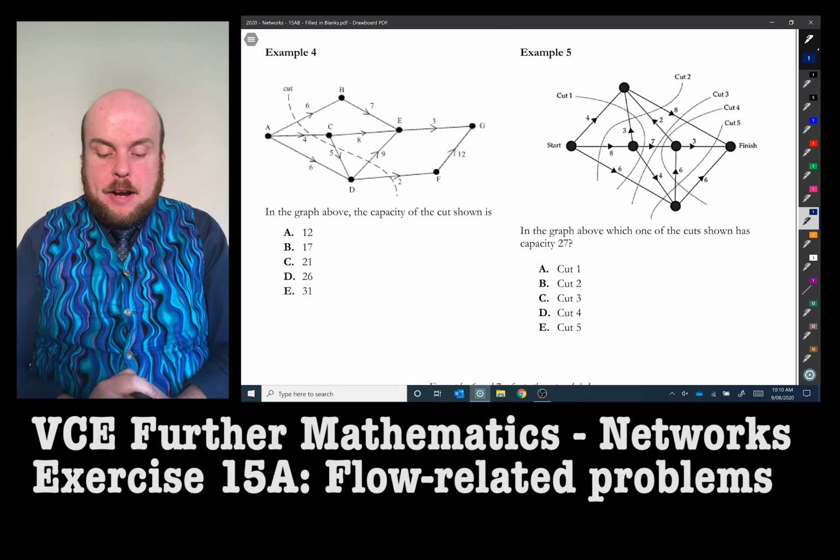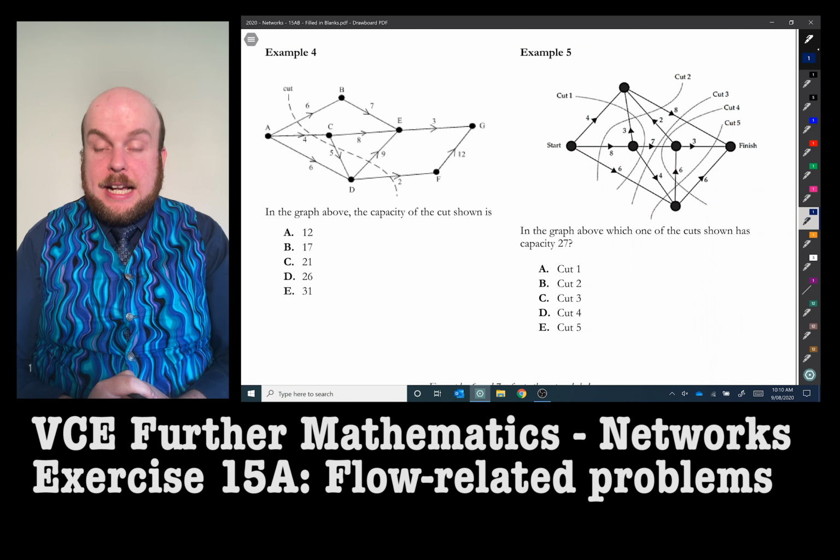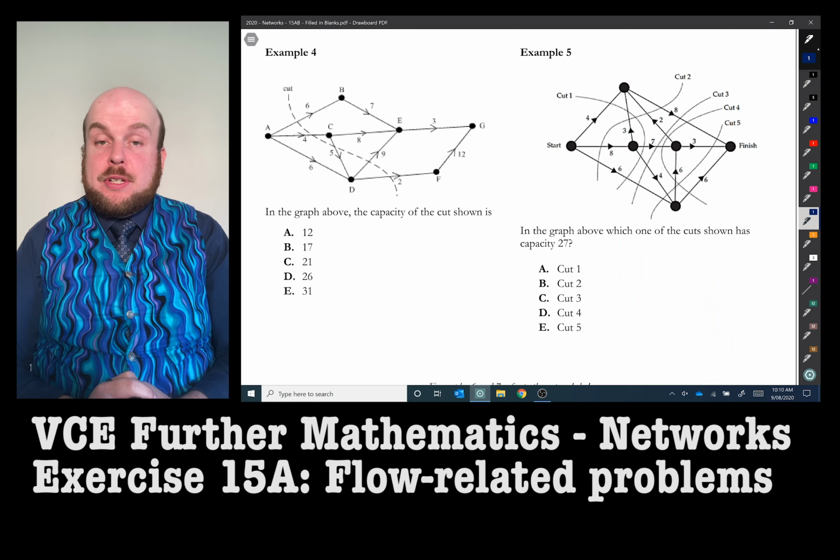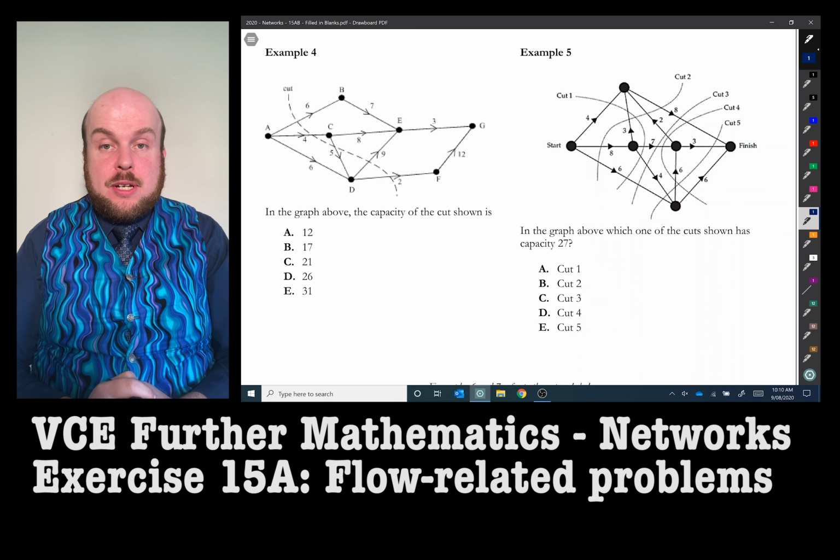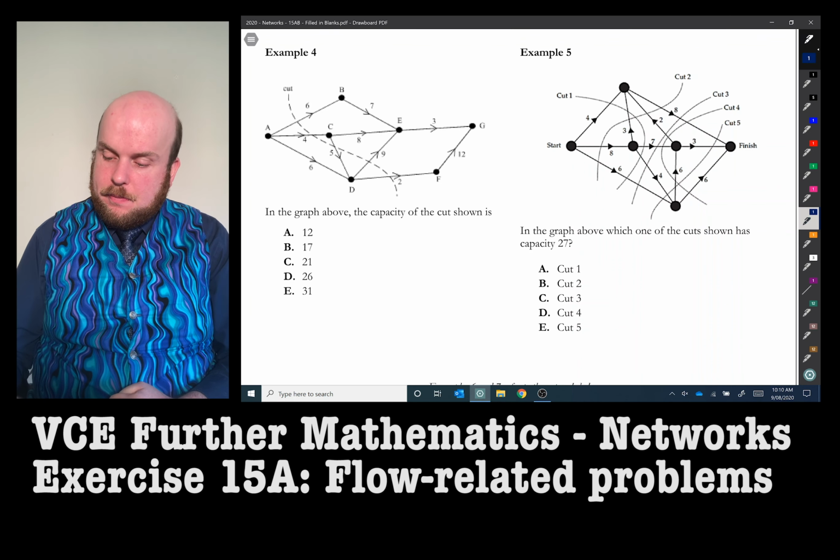Example 4. In the graph above, we need to find the capacity of the cut shown. Similarly with example 5, in the graph above, which one of the following cuts has a capacity of 27? I would suggest doing the highlight strategy to solve for each.